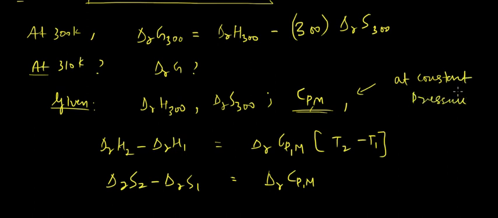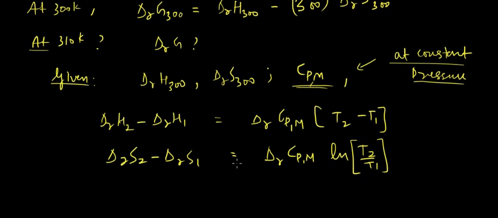Hence, as this is at constant pressure, we can write delta R S2 minus delta R S1 would be QP over T, and that can be written as delta R CPM ln(T2 upon T1).